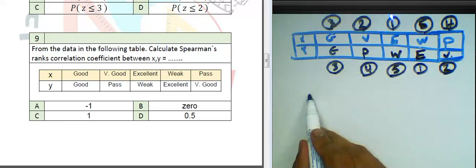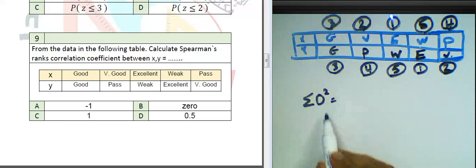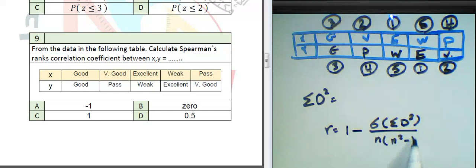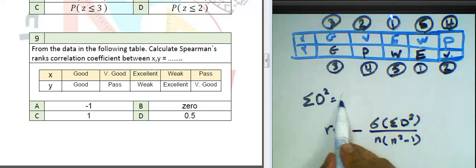And then we can find the summation of d squared, because the rank will equal 1 subtract 6 multiplied by summation d squared over n multiplied by n squared minus 1. Understood? We can find the difference between x and y and square it.